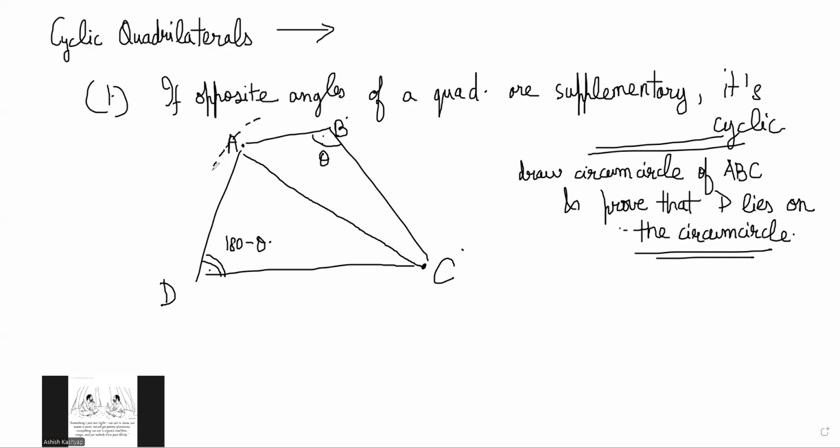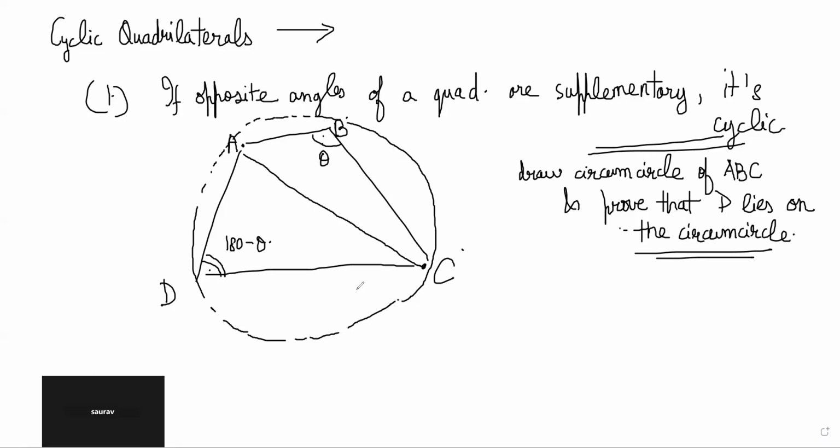So let's say we have drawn a circle which passes through A, B, and C. We don't know right now whether it passes through D or not. I'm not making the statement that it already passes through D. We just know that A, B, and C are on the circle.